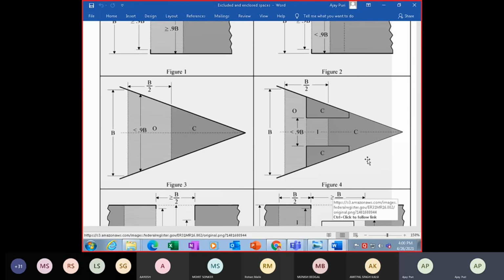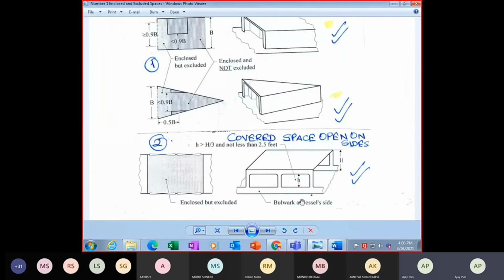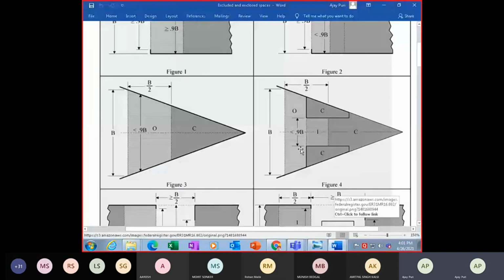In figure number 4, a similar case is being made like this, converging at this point. And you have two enclosures inside, this one and this one. And the distance between these two is less than 0.9 B. The breadth here is 0.5 B up till here.